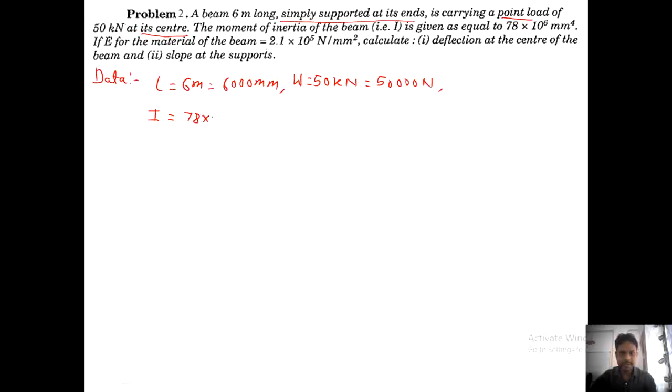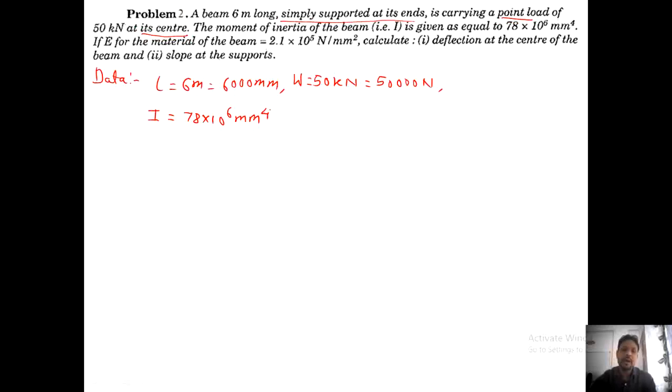So data is: length is 6 meter, that is 6000 mm, carrying a point load, that is capital W, is 50 kilonewton, that means 50,000 or 50 into 10 raised to 3 Newton. Moment of inertia is already given, a ready-made value, I equal to 78 into 10 raised to 6 mm raised to 4.